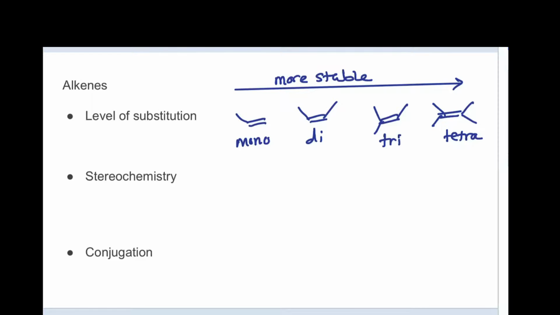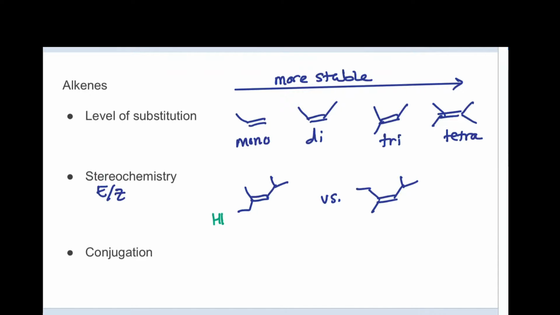Another consideration to make when we're talking about alkenes is stereochemistry, and this goes along with the E and Z designation of carbon-carbon double bonds that we talked about in a previous video. So we could think about our double bond carbon atom as looking something like this versus maybe looking something like this. Okay, so let's compare the two and think about stabilities.